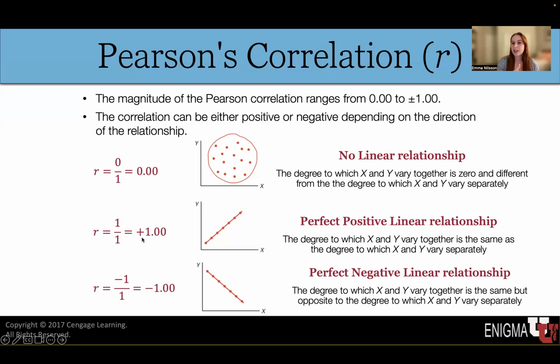The degree to which X and Y vary together is the same as the degree to which they vary separately, because they're always changing together positively. A perfect negative linear relationship is represented by negative 1. The degree to which X and Y vary together is the same, but opposite to the degree to which they vary separately, because as X goes up, Y goes down in an exact, perfect relationship.